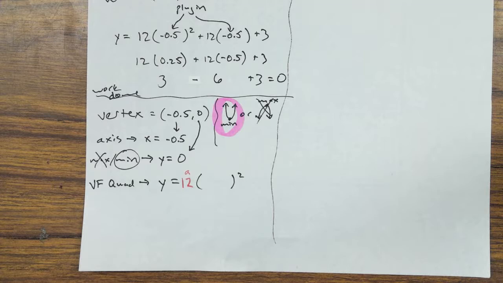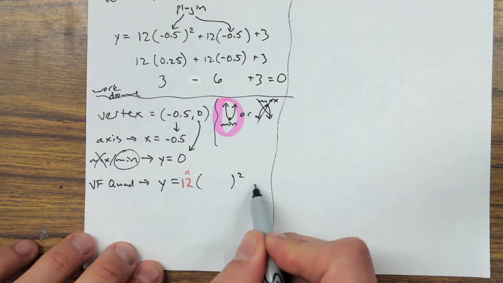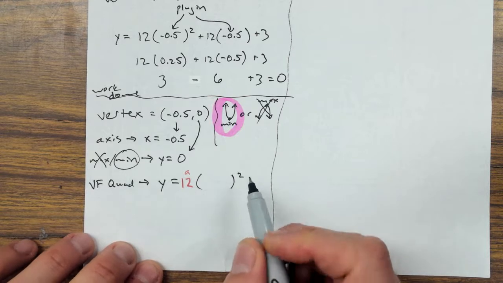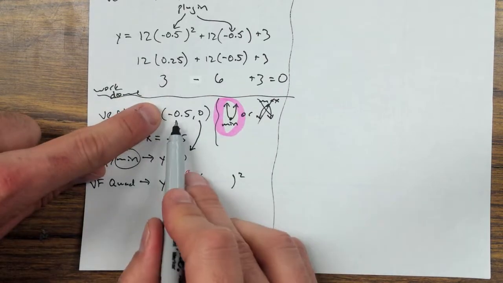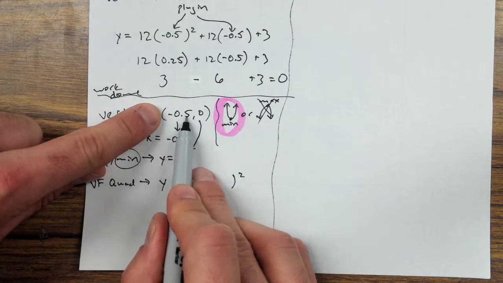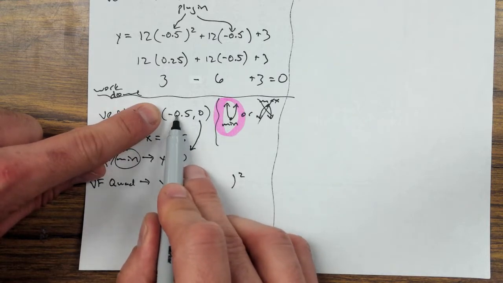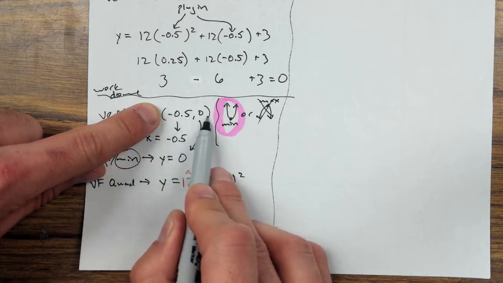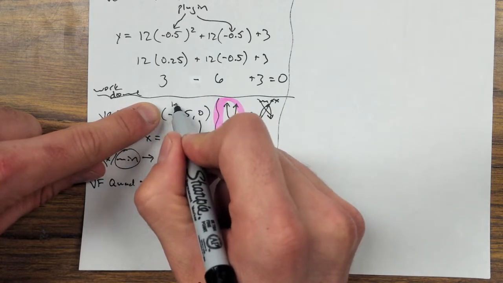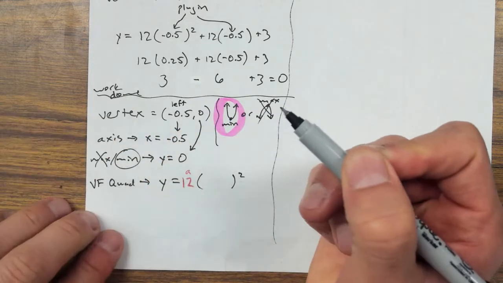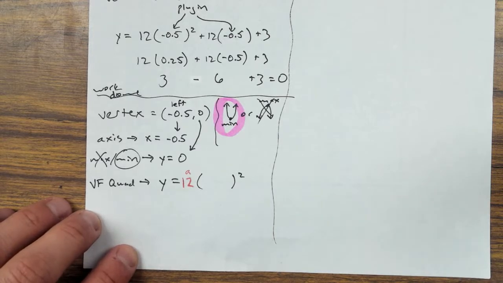And then you have to determine what's going to go inside and what's going to go outside. So you look at your vertex. Since the vertex is at -½ comma 0, is this going left or is it going right? -½ means it's going left if you were to plot it. Okay, it would be left a half.